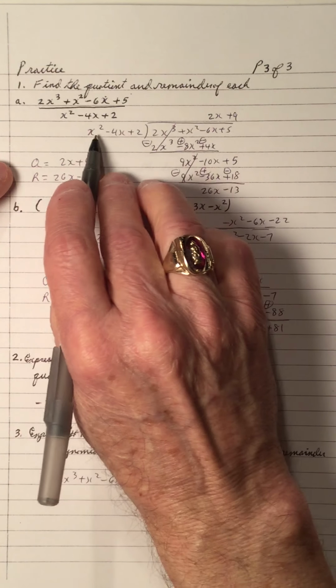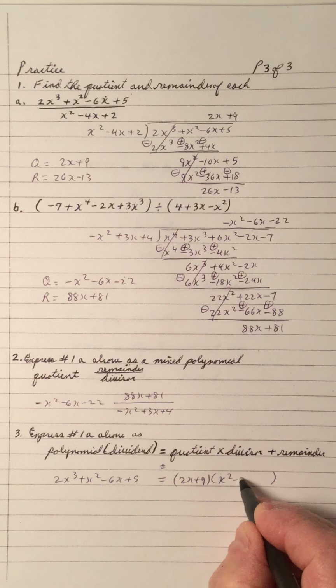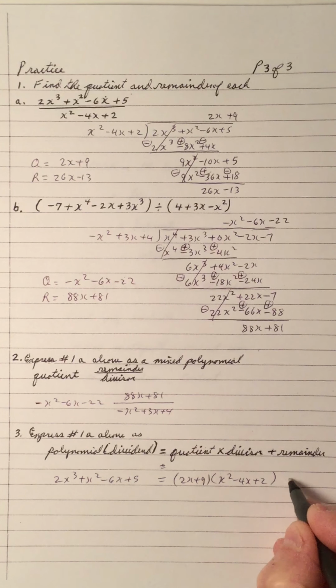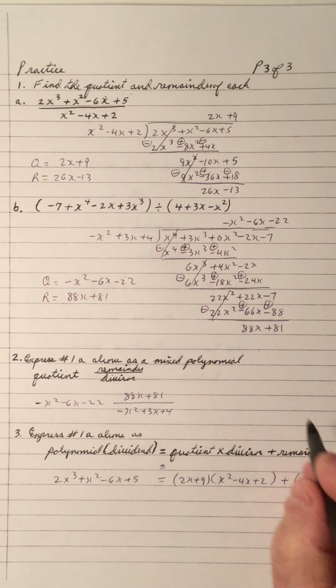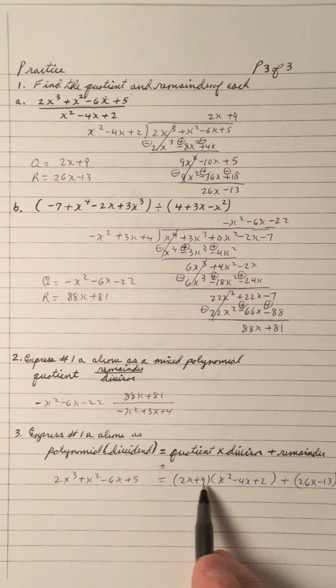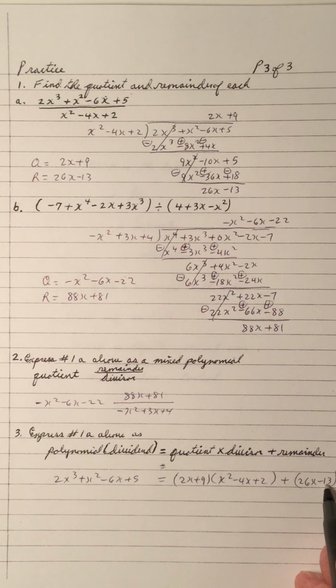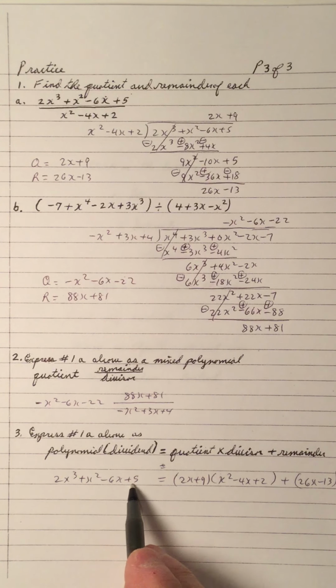My divisor is right here, x squared minus 4x plus 2. And my remainder is 26x minus 13. So if you multiply this out by distributive property and add it on to 26x minus 13, you would get this polynomial right here.